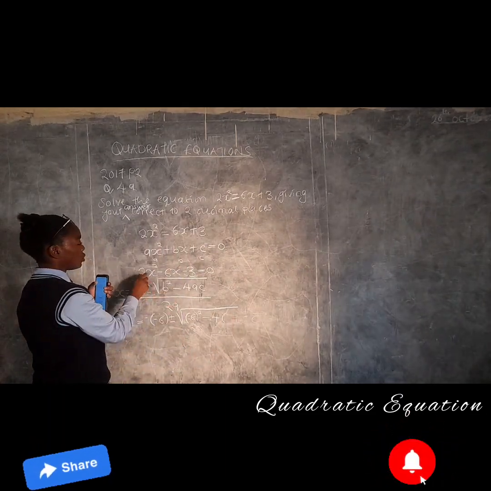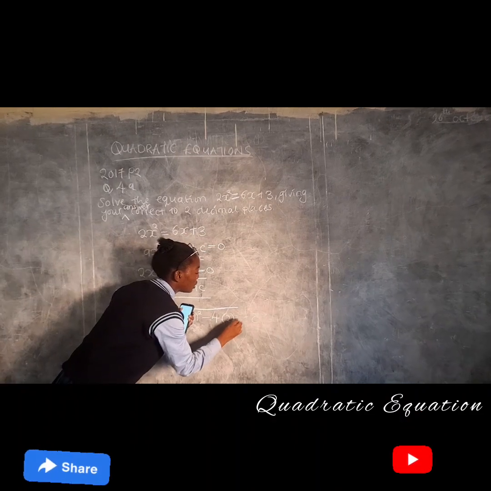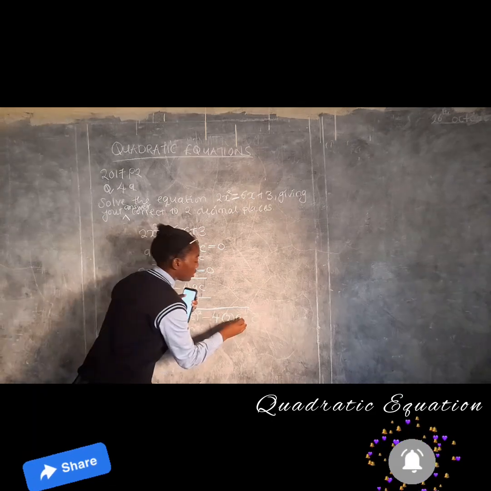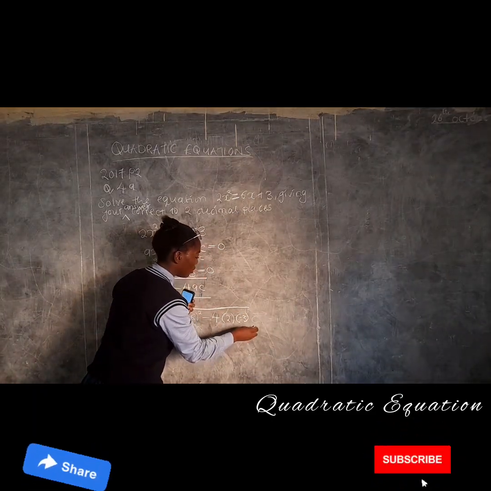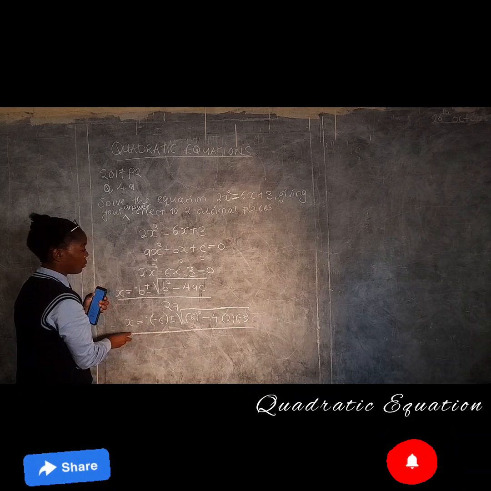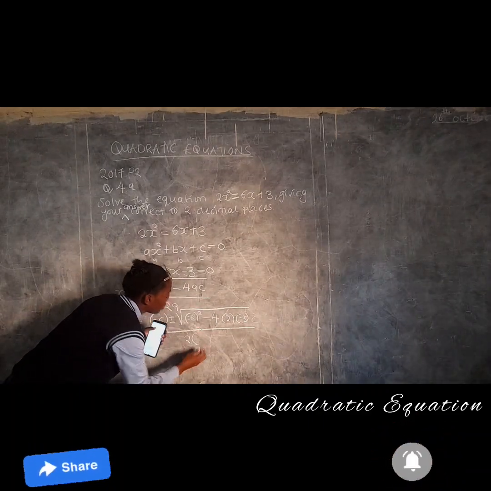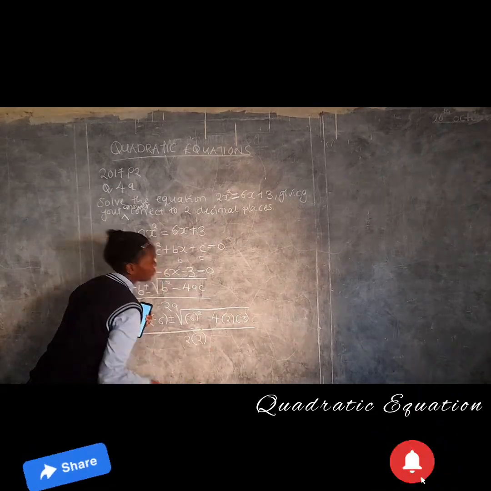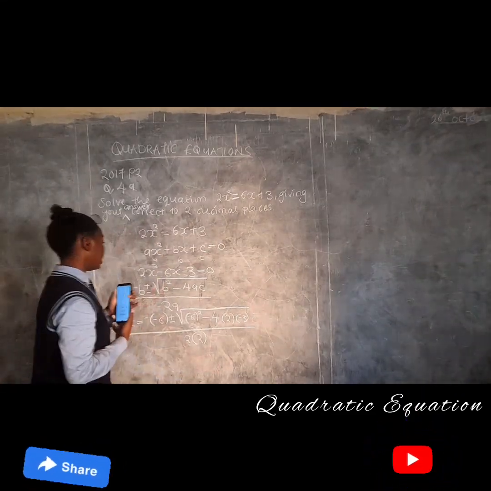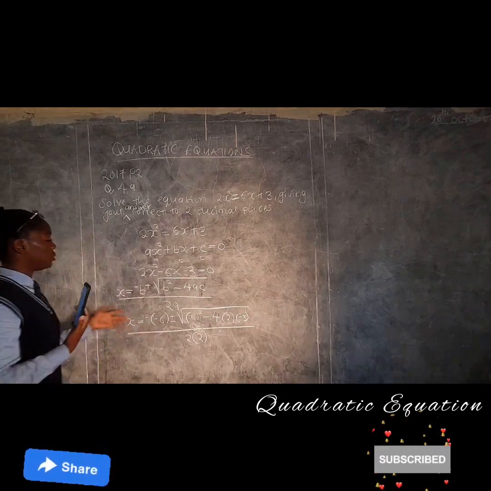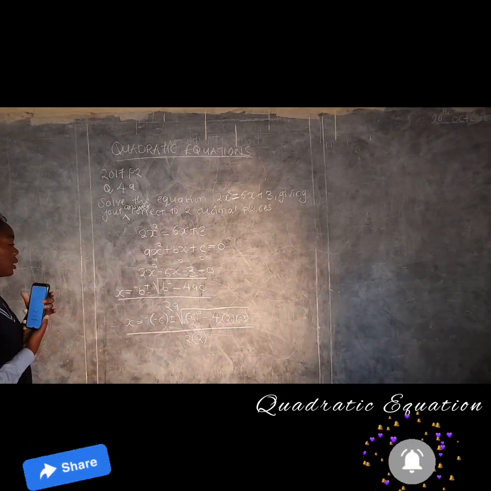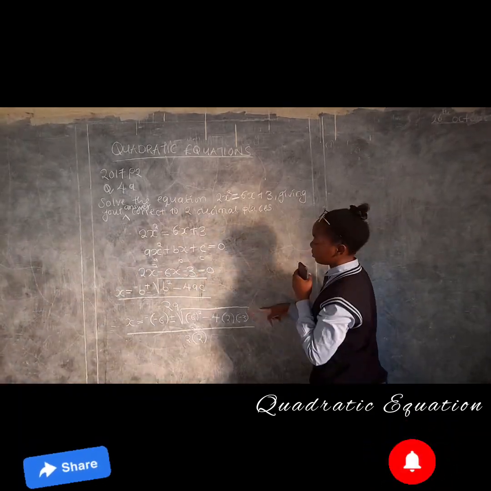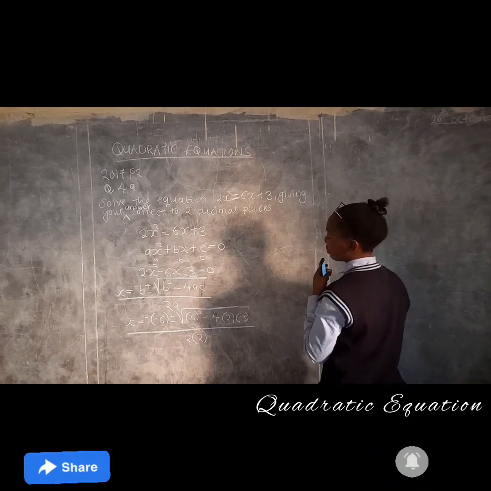Our a here is 2, so we put down our 2, we close. Then our c is negative 3, over 2, then our a is 2. So we've substituted here, and what we're supposed to do is to multiply and get rid of the square root, and we're also supposed to divide.